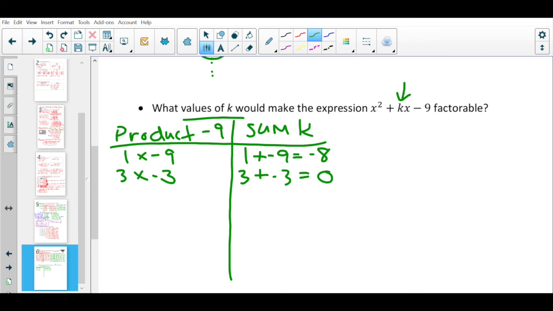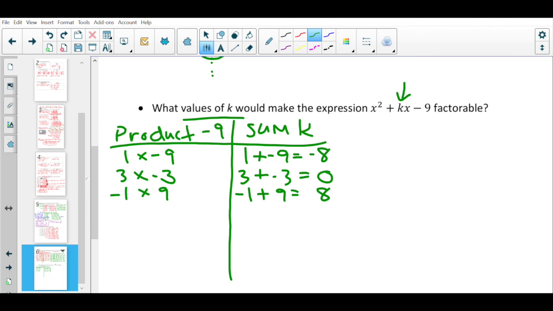Let's see, negative 1 times 9, and that's negative 1 plus 9 equals 8. And I think that's it.